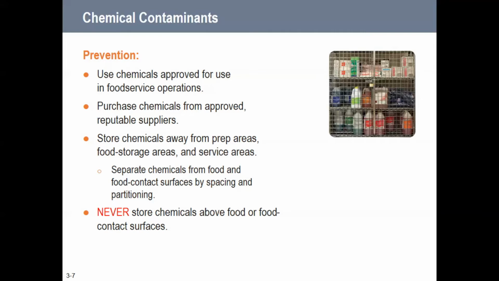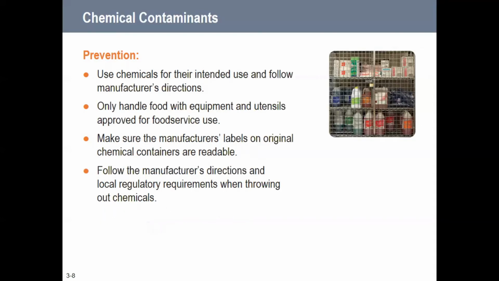And if the person's not paying attention and they're putting it away, now you've got chemicals that shouldn't be on those bowls or containers, which are potentially then going to have food in them and going to the customer. So with chemical contaminants, the best thing you can do is make sure that you are storing them correctly and keeping them out of the way of the food area.